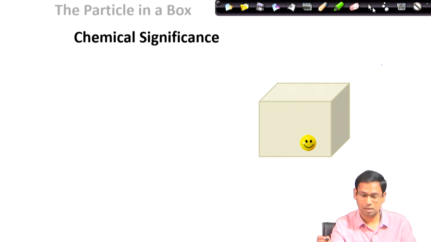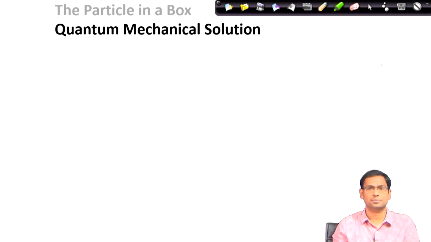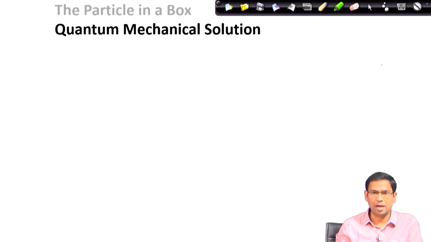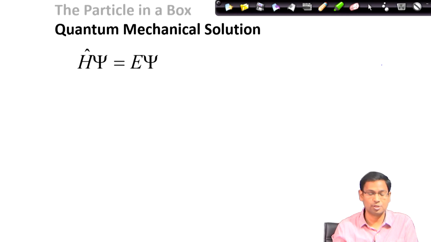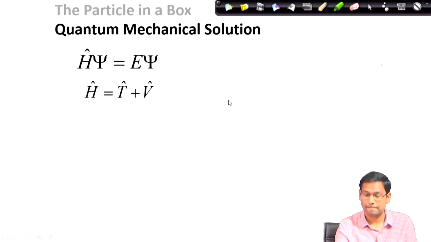Now, after this point, we would look at how to solve this system quantum mechanically. When we say that we want to solve this problem quantum mechanically, we of course have the Schrodinger equation in mind. We already know that everything that we need to know about a system is in the wave function, and the wave function psi has all the information in it.